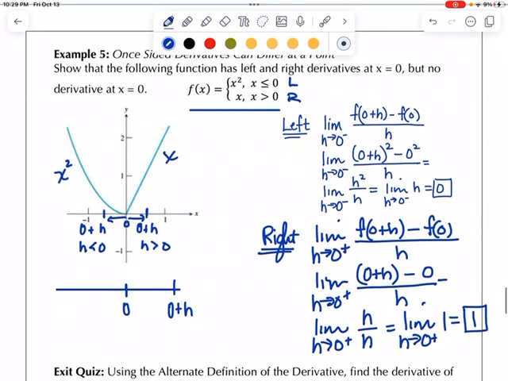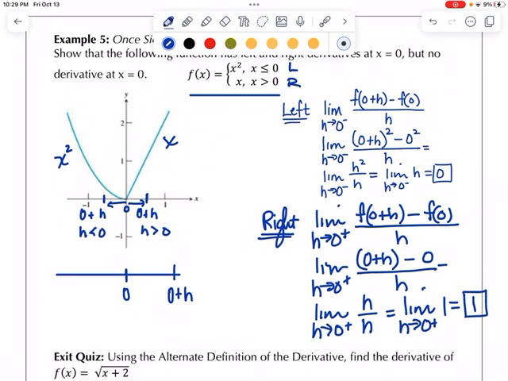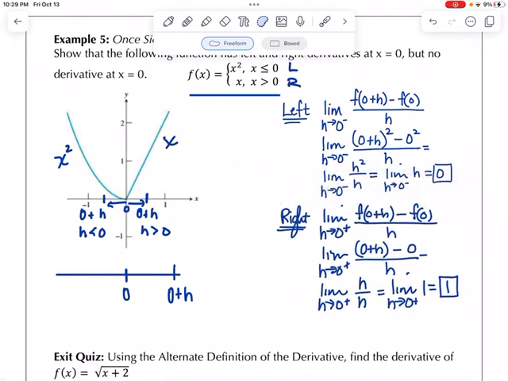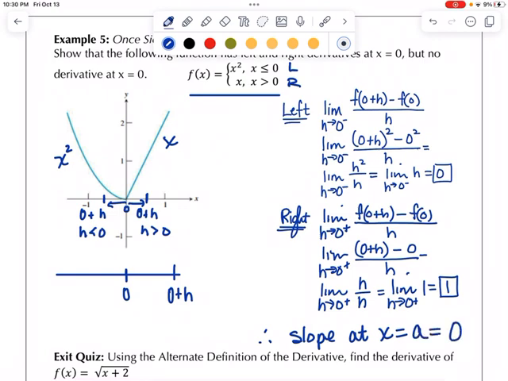Now, that means that the limit from the left and the limit from the right are not equal. Therefore, the limit for the slope cannot exist. So we would conclude that since the left limit is not equal to the right limit, the slope at x equals 0, or remember x is equal to a equals 0, does not exist.